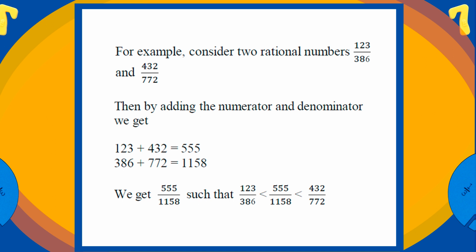We get 555 divided by 1158, such that 123 divided by 386 is less than 555 divided by 1158, which is less than 432 divided by 772.